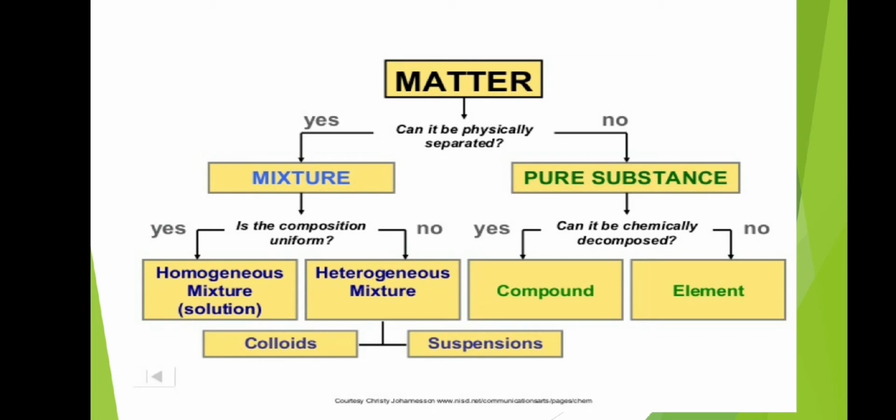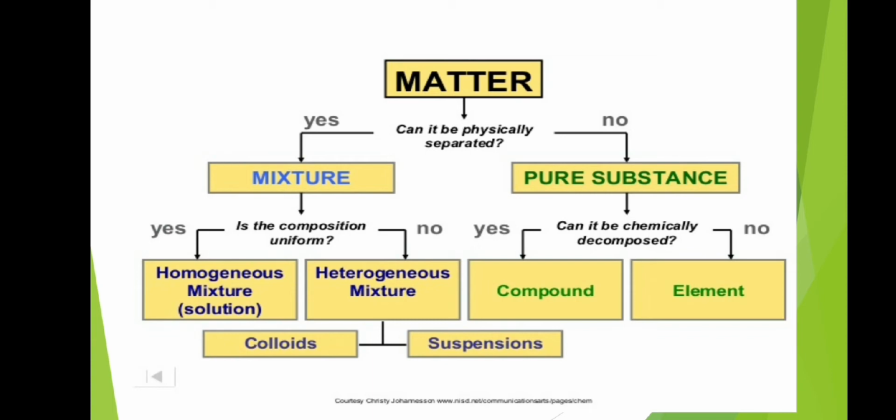Matter can also be classified not only by mixtures but also by pure substances. It can be chemically decomposed by means of compounds and elements. We will be discussing these two types of classification of matter further.